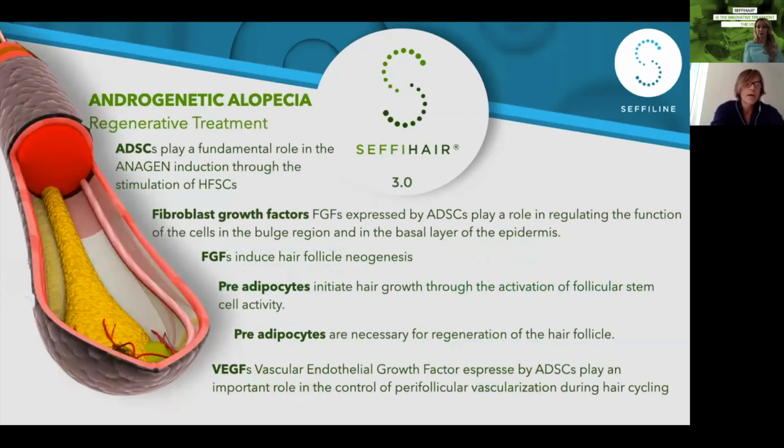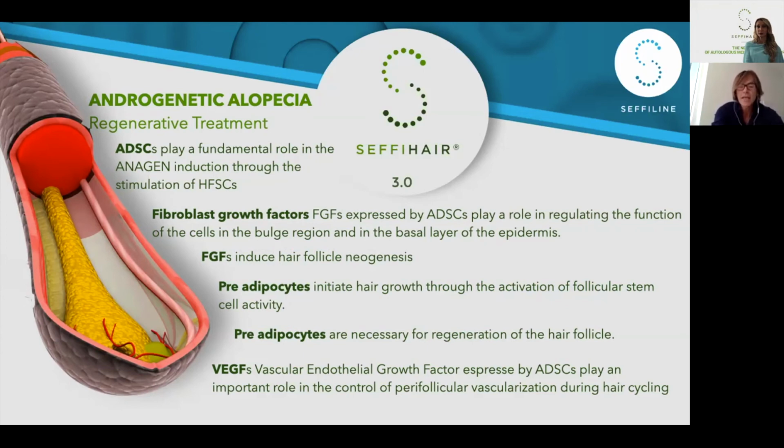Here you can see some evidence of the role of regenerative medicine in alopecia therapy. The adipose-derived stem cells play a fundamental role in anagen induction through the stimulation of hair follicular stem cells, but fibroblast growth factor also plays an important role in the cure of alopecia.